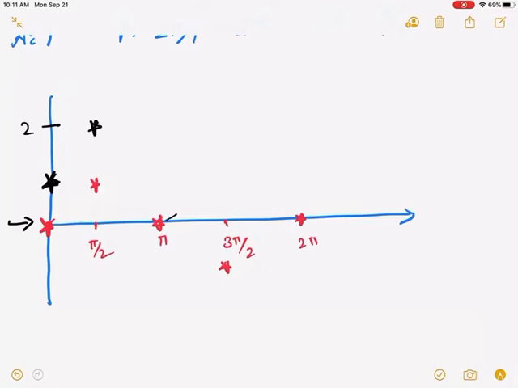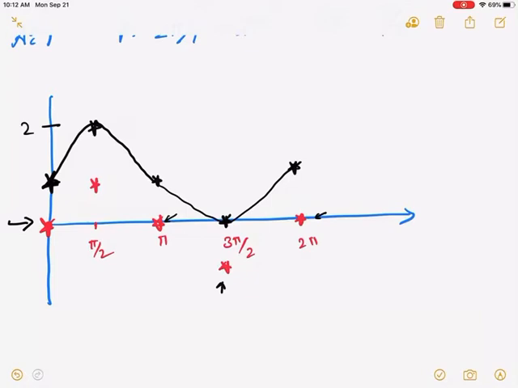This 0 point would be at 1. The one that was at negative 1, now it would be at 0. This 0 point would be at 1. Now just connect all the new ones. And here you go. So that's one way to graph any trig function with a vertical shift in it.